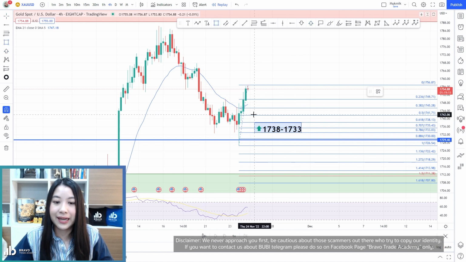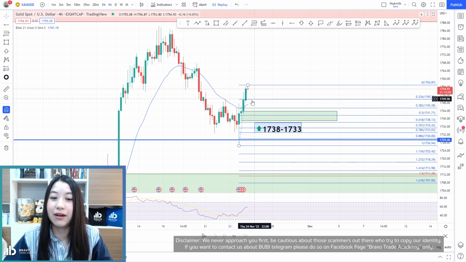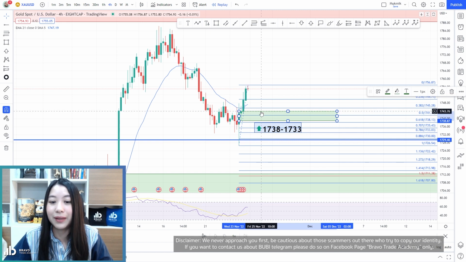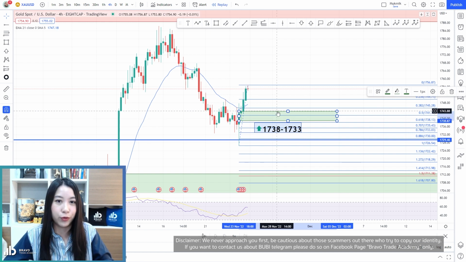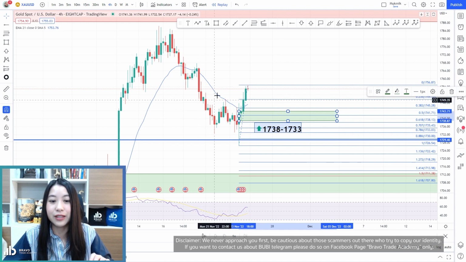And do we need to be worried about this one? So we do have our demand zone here in the 4 hours time frame. So this demand zone, I would say, if you want to enter, please break it into two plans. So that's going to be the first one, but I would say that this plan is not beautiful at all. Why is that? It's because we only have the demand zone, but we did not have a clear trend here. Okay, so the trend before this was the downtrend.